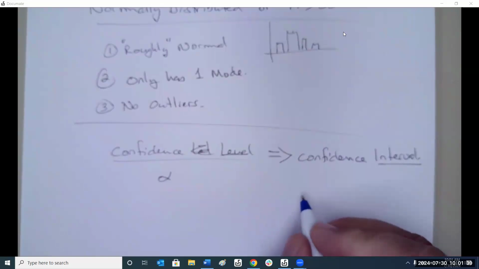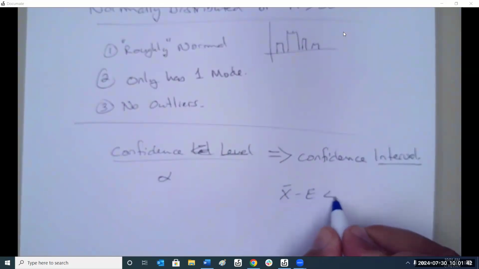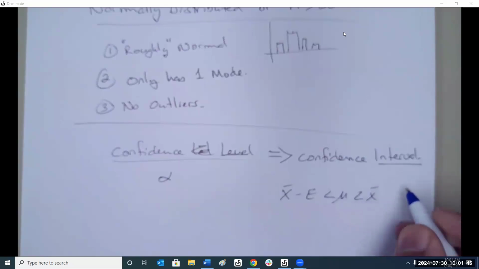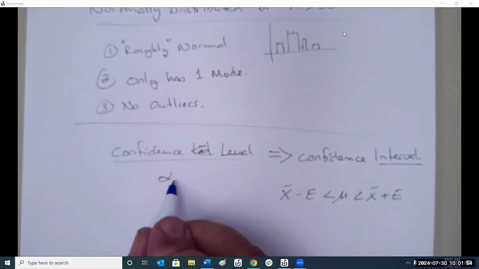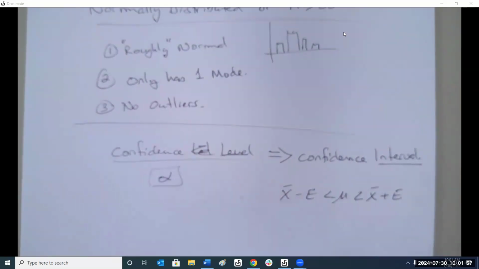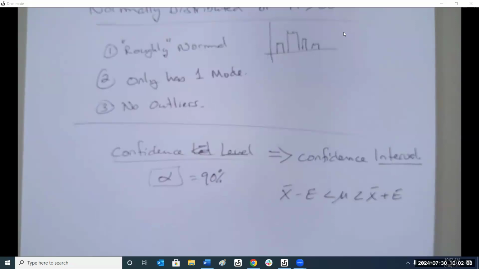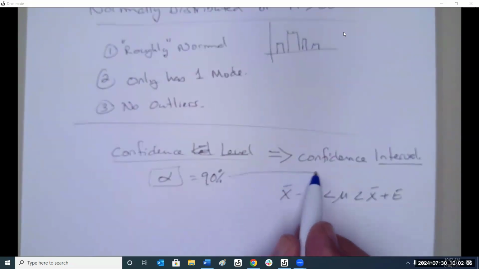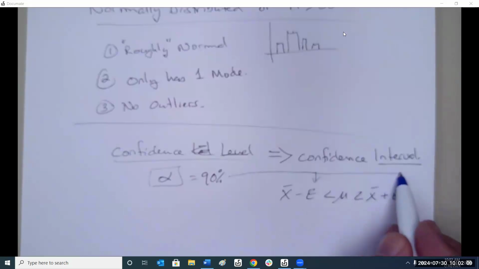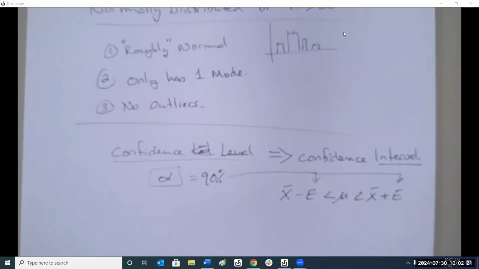The confidence interval is, in this case, that's your confidence level. So this degree of confidence, because it's always some percent, let's say 90%, changes the value for our margin of error. And since it changes the values of the margin of error, it changes the width, the range of our interval.